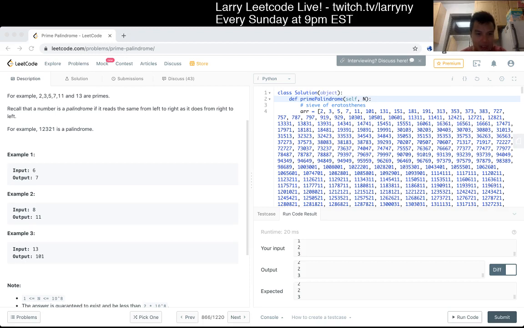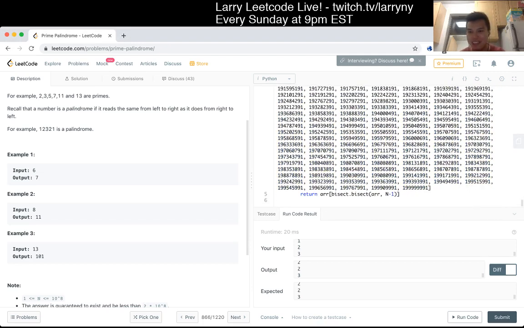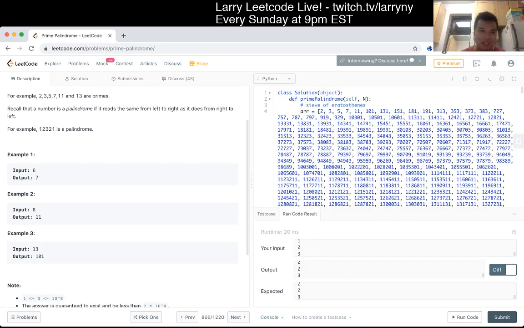I did 20,000 iterations, which is a constant number, and then you just look up primes up to that. The space is just the number of primes up to that number. I probably put way too many on here, but it's fine as long as it's correct, because it's not that big of a deal.